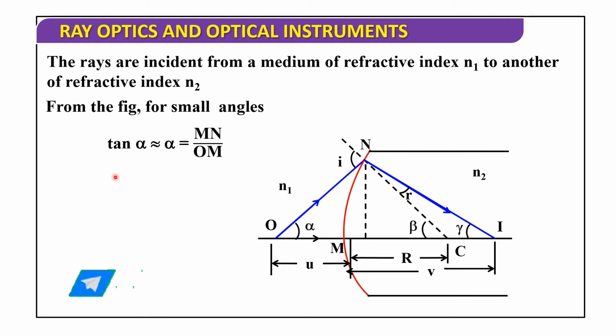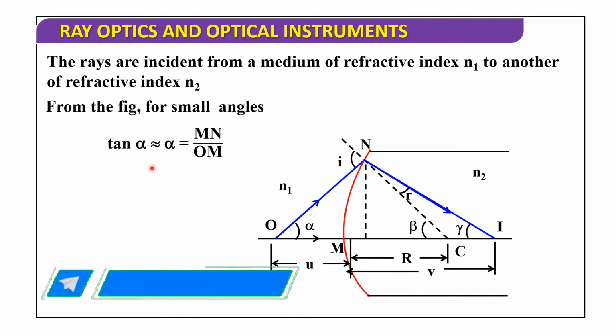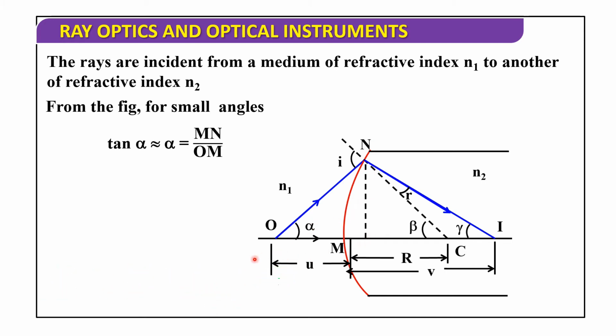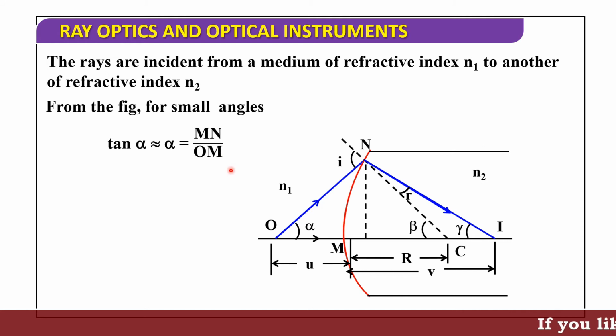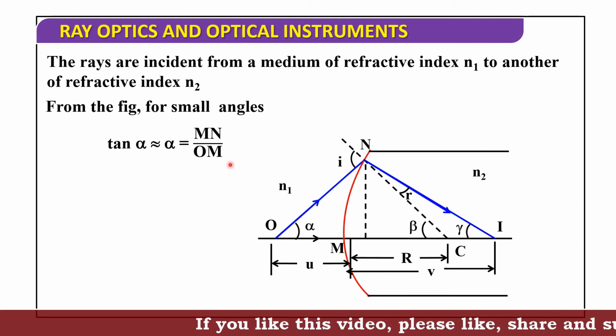Tan alpha is opposite side MN by adjacent side OM. So tan alpha is approximately equal to alpha, because alpha is a small angle. We are taking alpha equal to MN by OM, opposite side by adjacent side.